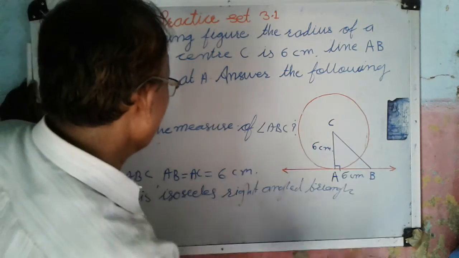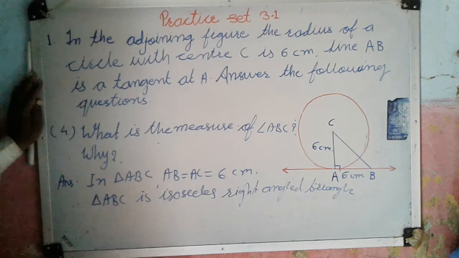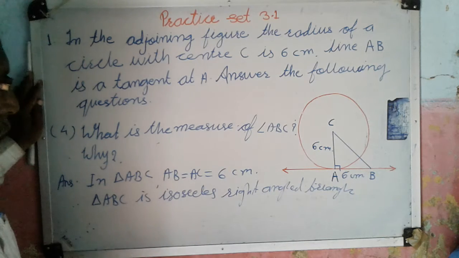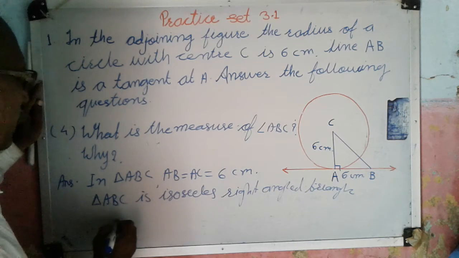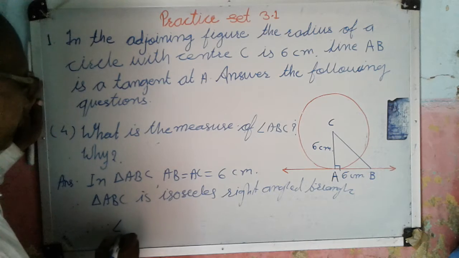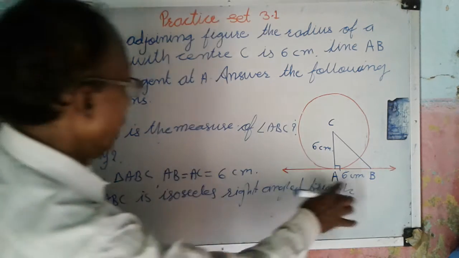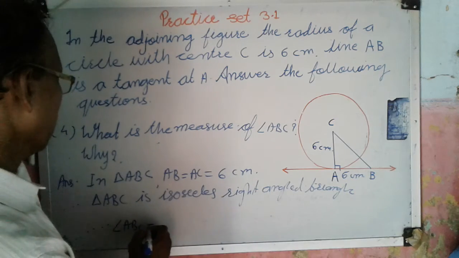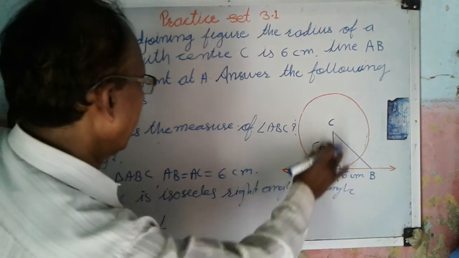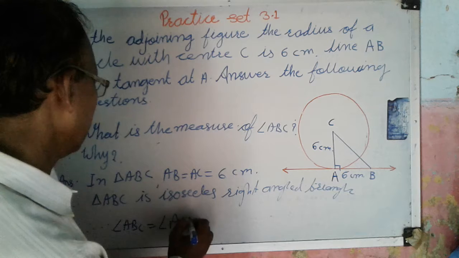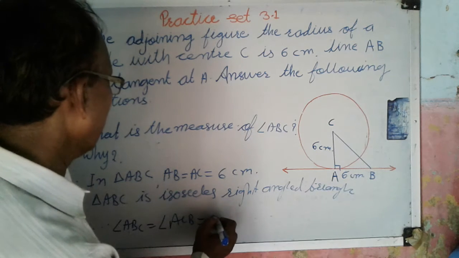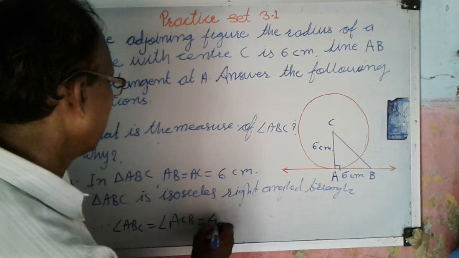angles opposite to congruent sides are congruent. Therefore here angle ABC is equal to angle ACB is equal to 45 degree.